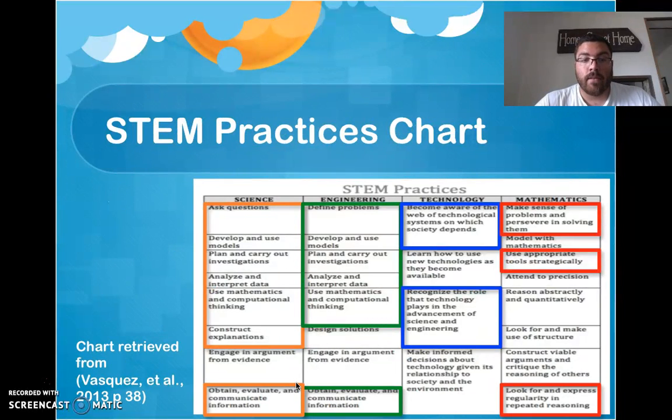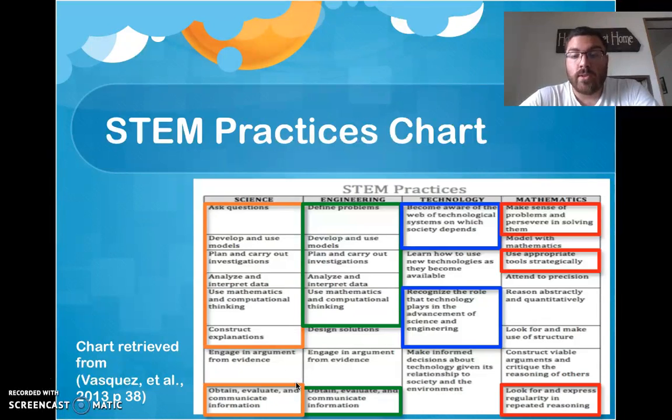In terms of the chart for the STEM practices found in the reading by Vasquez, as you can see, this activity really incorporates a lot of the different components of science in terms of asking those questions and developing models and carrying out that investigation to actually see which location would work best. In terms of engineering, we actually created our own homemade thermometers, so actually building and engineering those as well as testing them.